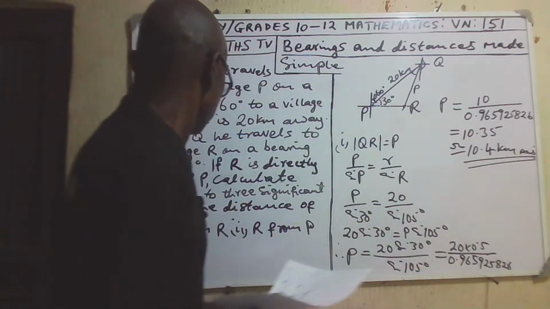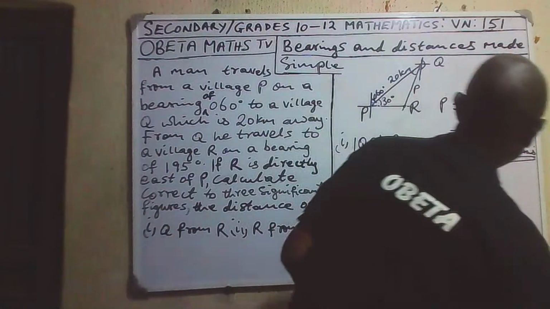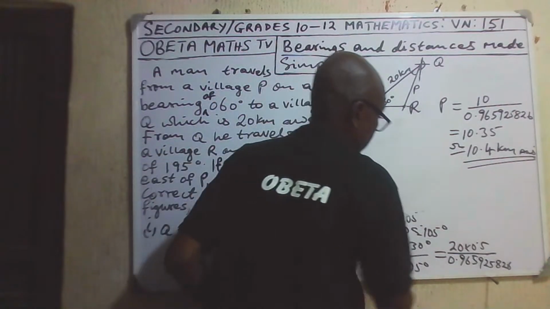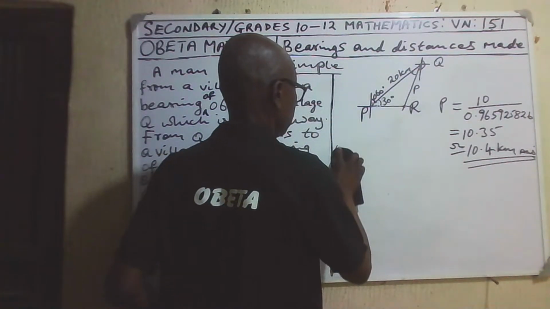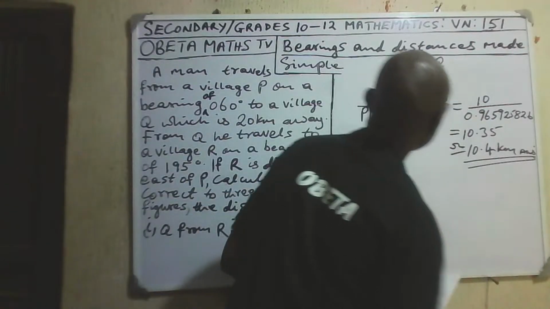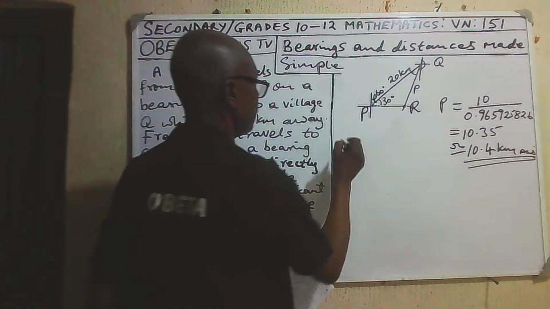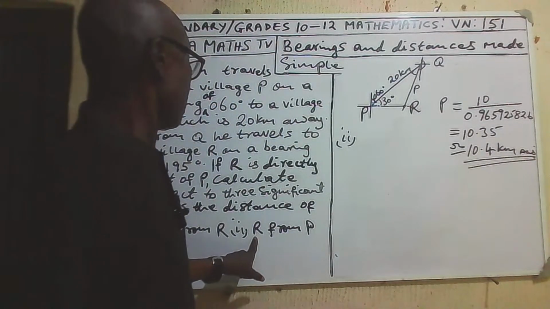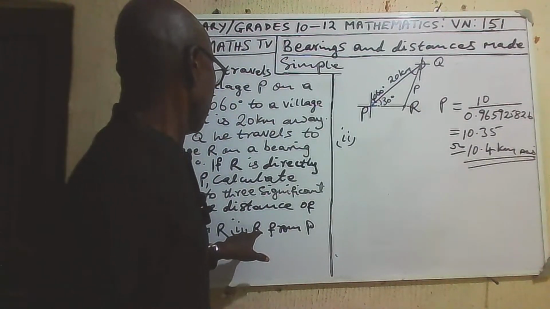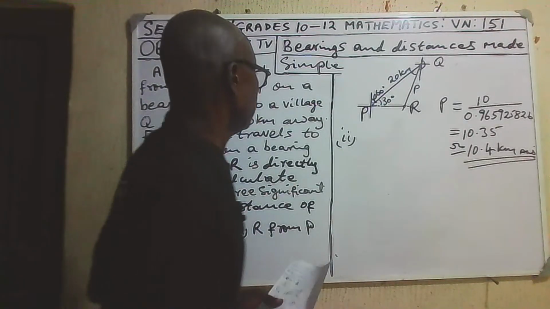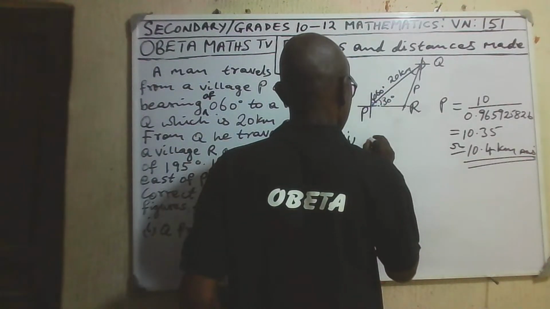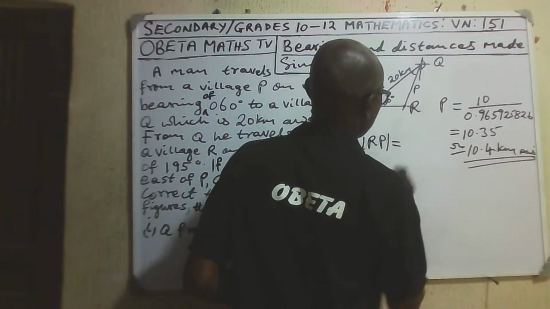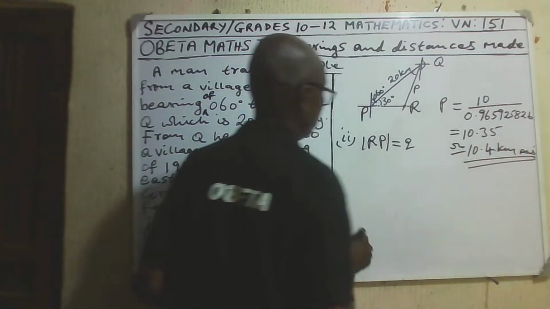So the next thing, we go to question number 2. So we are through with question number 1. Question number 2, we have to find the distance of R from P. So we are looking for RP, which we can call small q.